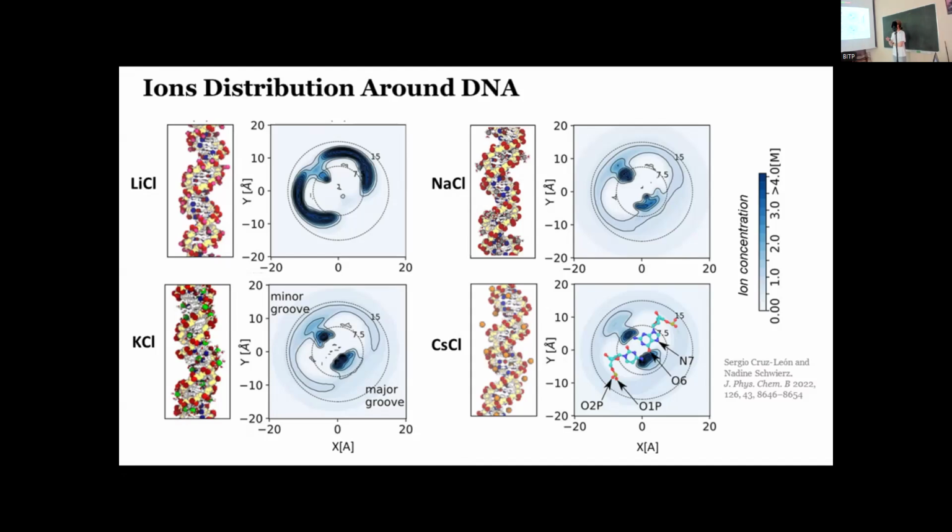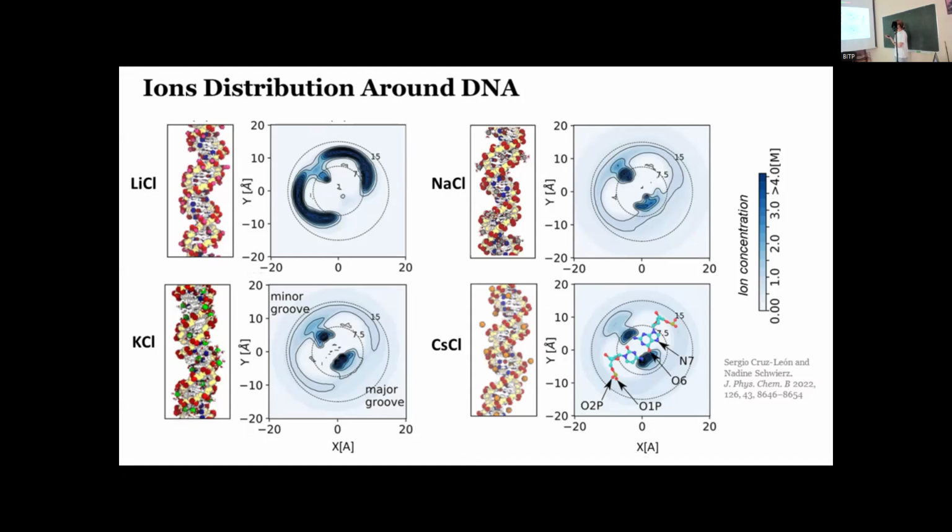One can see that the distribution of ions around DNA is strongly ion specific. For example, in the case of lithium ions, the highest concentration is observed near the phosphate groups of the DNA, while in the case of potassium or cesium ions, they are predominantly found in the inner regions of the double helix.